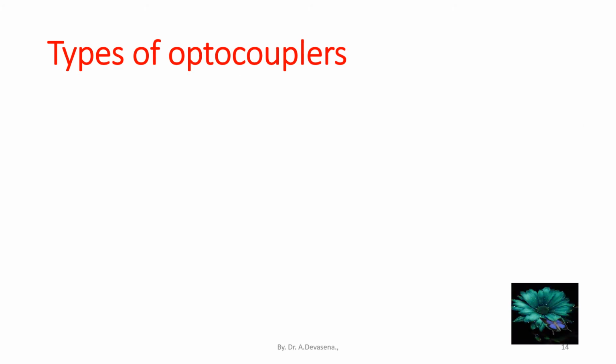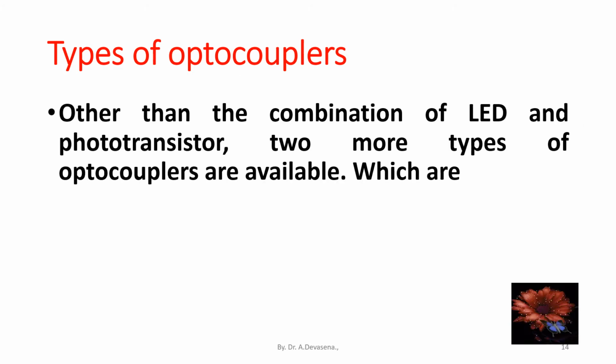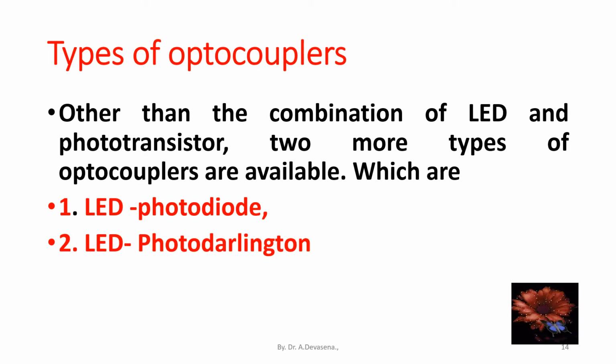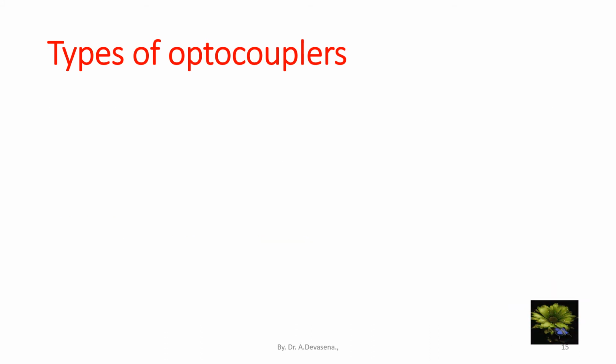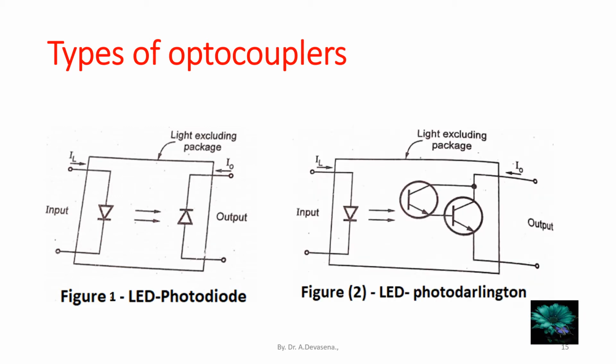Types of optocouplers. Other than the combination of LED and phototransistor, two more types of optocouplers are available, which are LED photodiode and LED photodiode. Here is a representation of each.